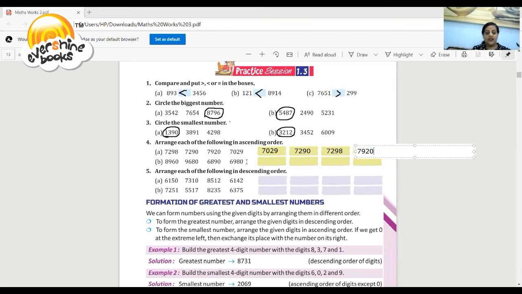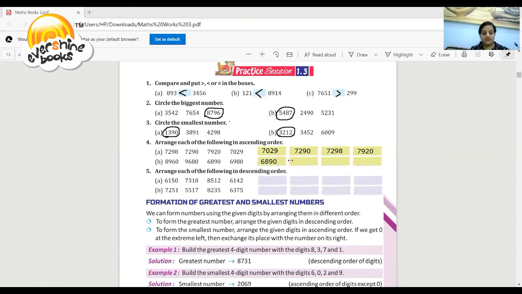So here the next B part is 8000, 9000, 6000, 6000. So 6000 we will see in our 6000 place. So 6890 or 980. So it will be 6,890 because it is the smallest number of all.